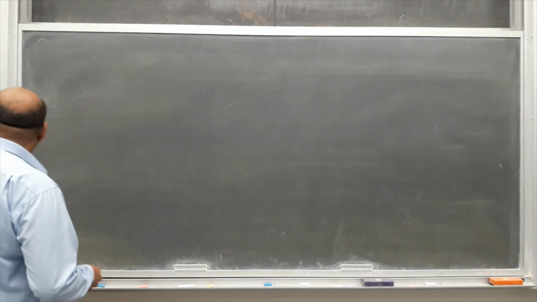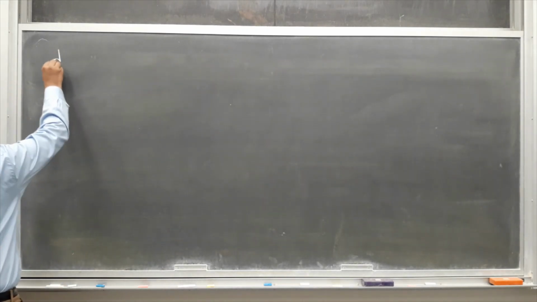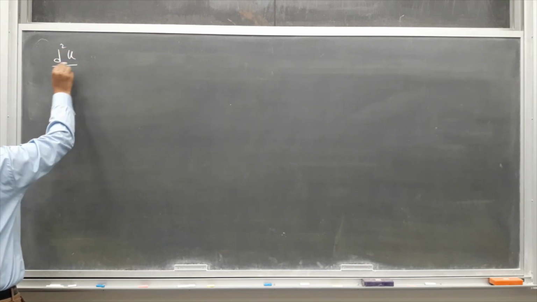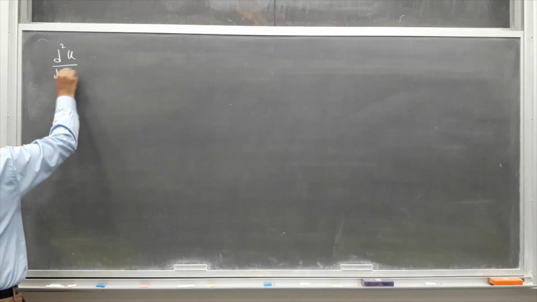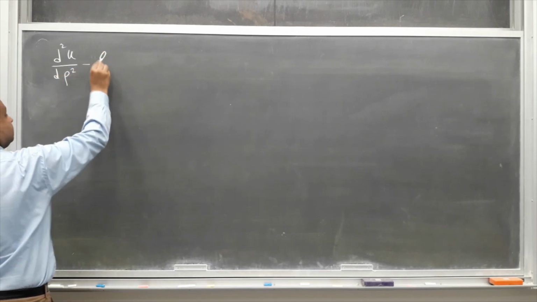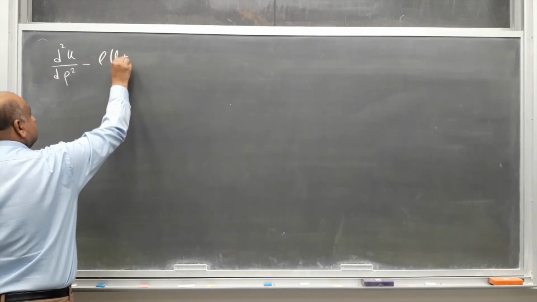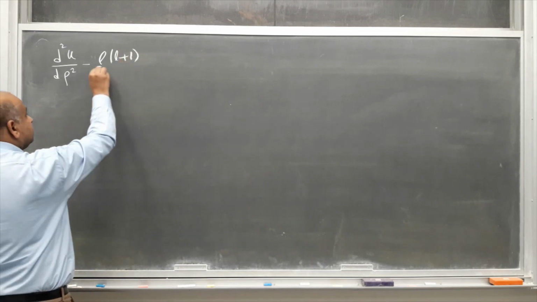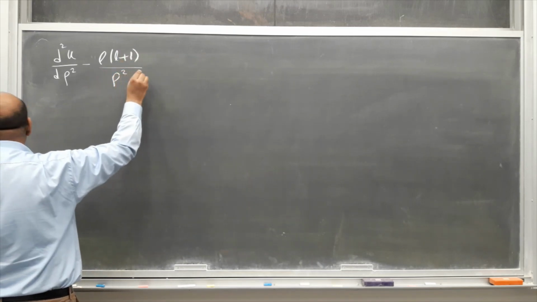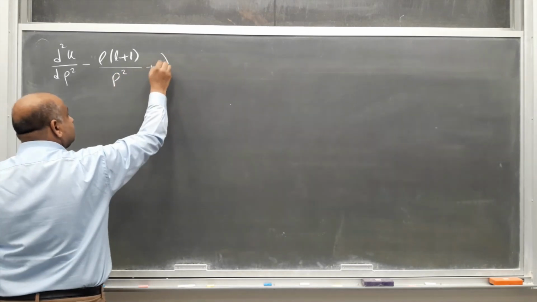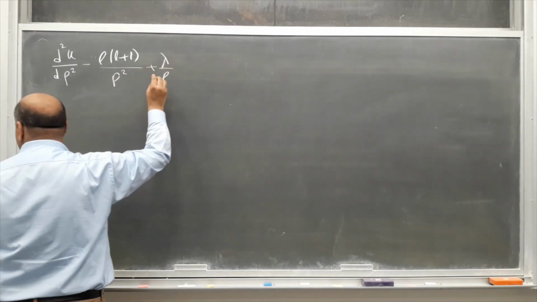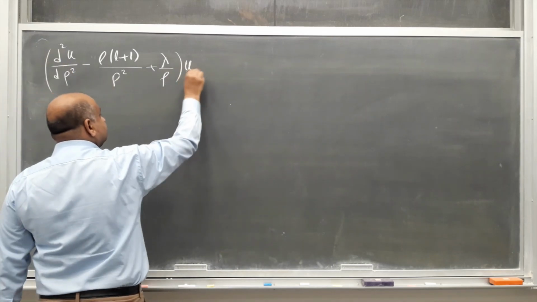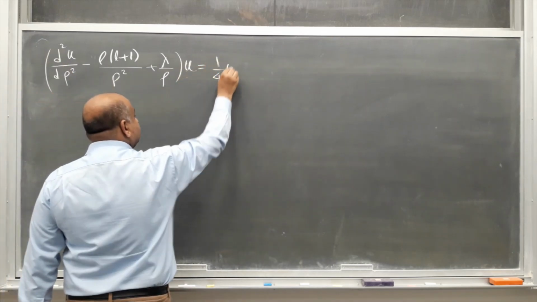Okay, so we have been able to transform our radial equation to this equation: d square u over d rho square plus lambda over rho into u equals 1 over 4 u.